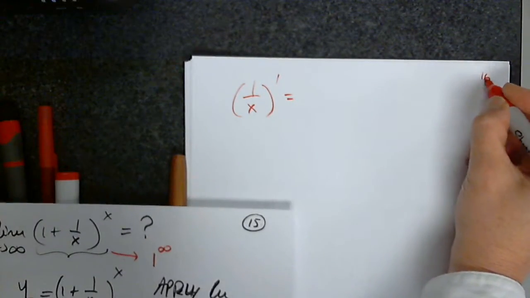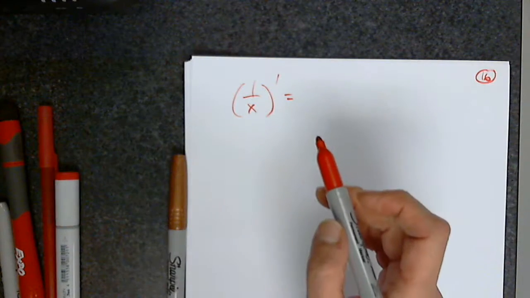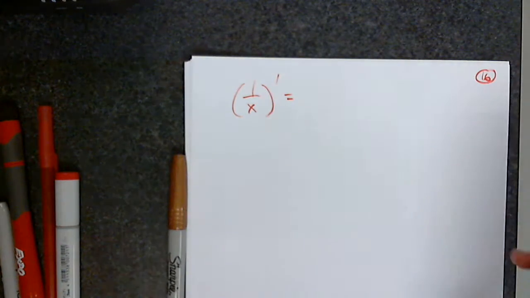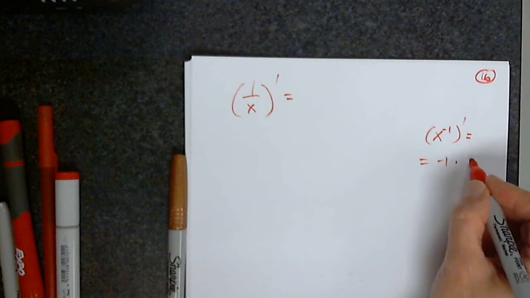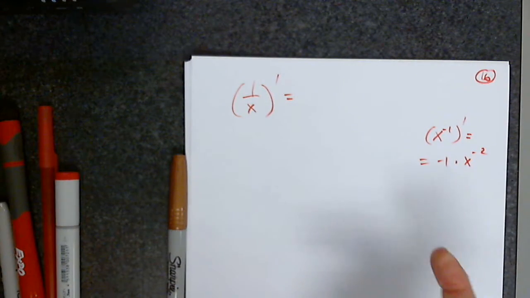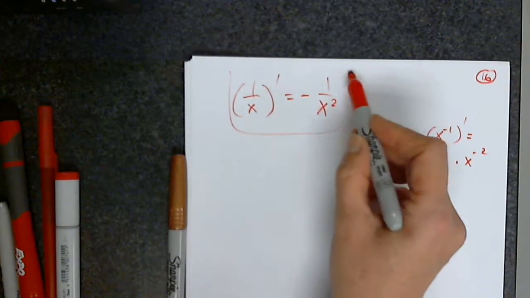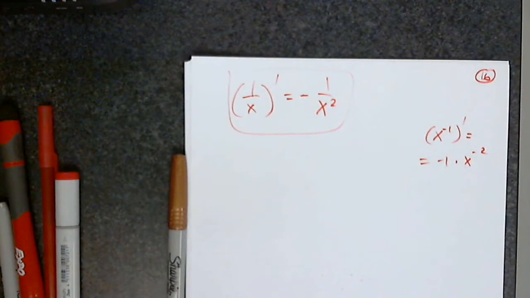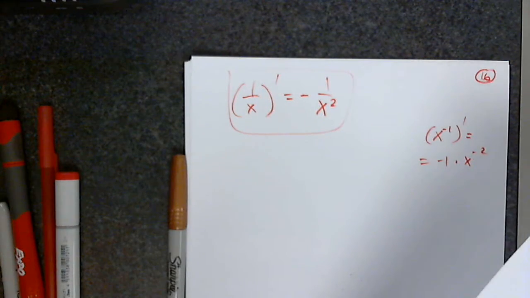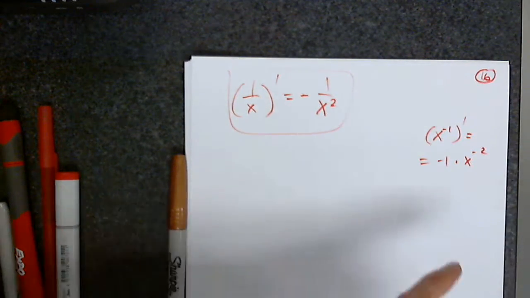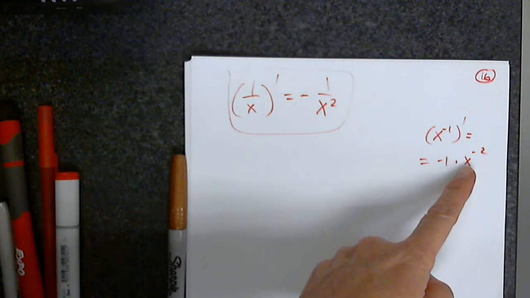I don't want you to just sit there and memorize it, but what is 1 over x prime? Well, it's x to the negative 1 prime, which is negative 1 times x to the negative 2. Very important result. It will make your life so much easier if you remember this. I bring negative 1 in front, and I subtract 1 from the power.